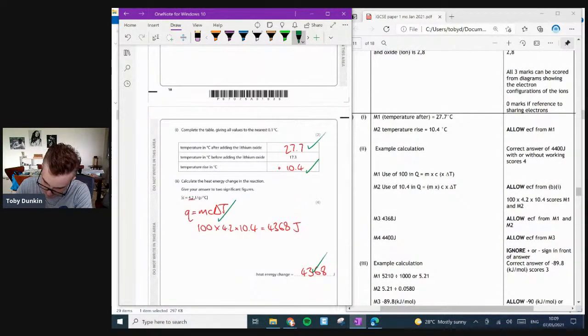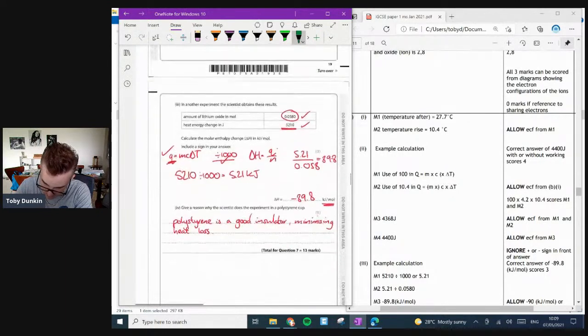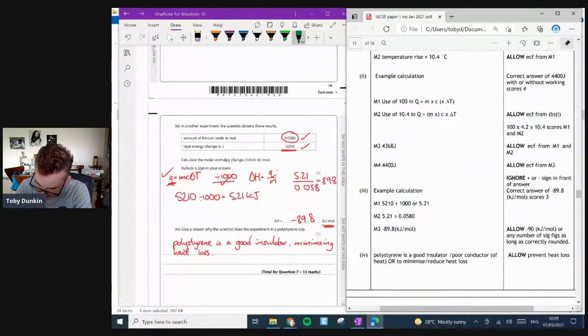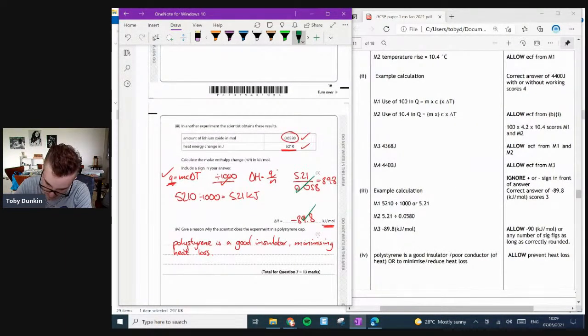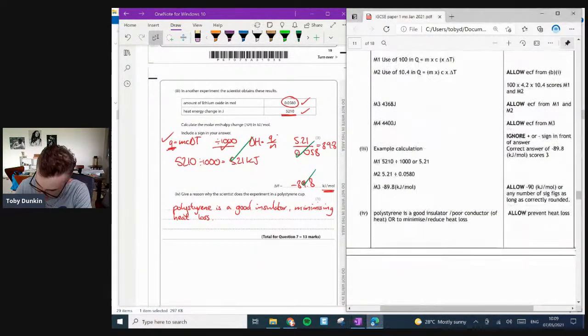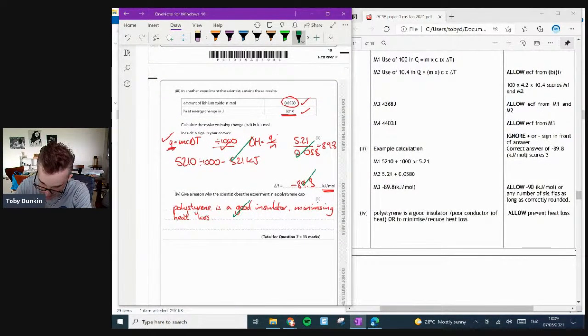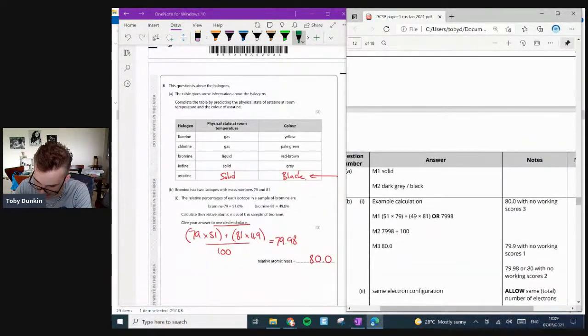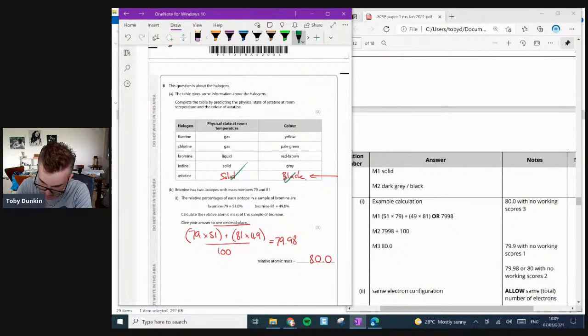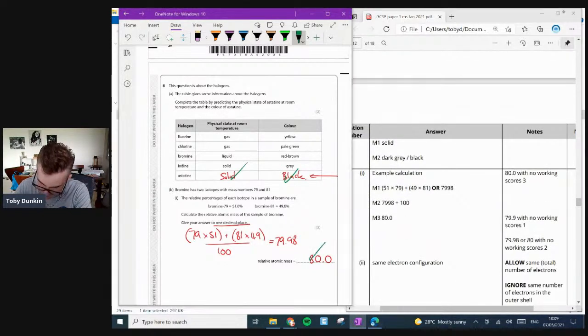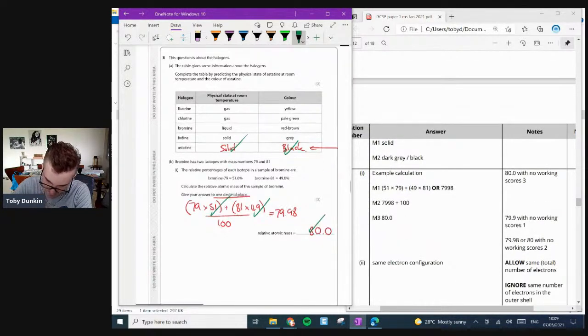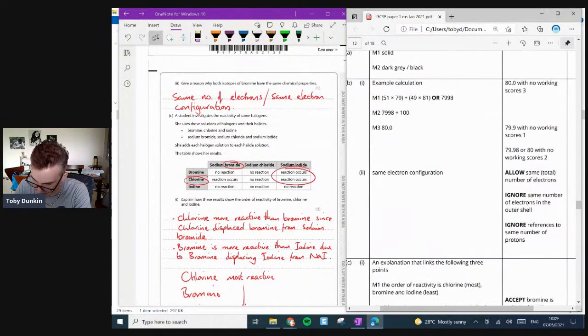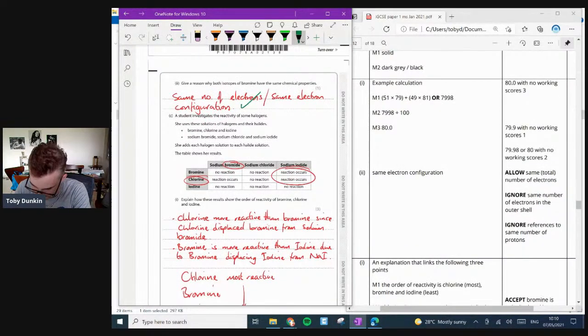I like it. 1 mark for the equation. Don't forget your negative. Yeah. It's a good insulator. Minimize heat loss. Solid and black. 80. Haven't lost a mark yet. Same electron configuration.